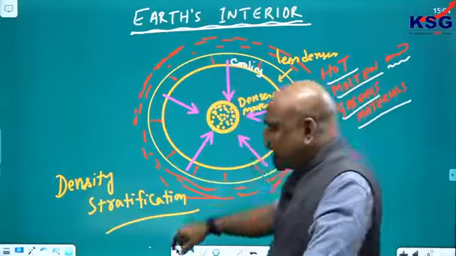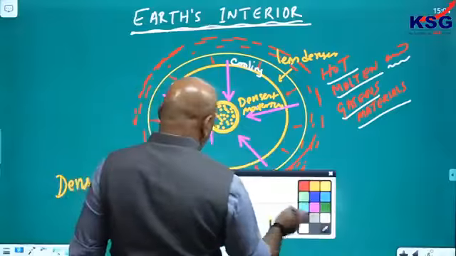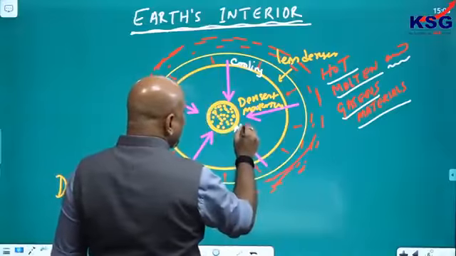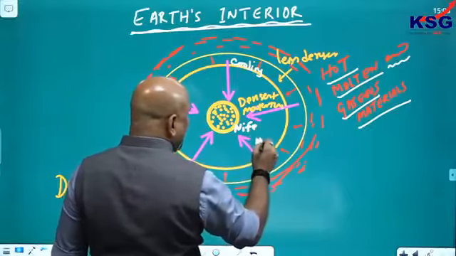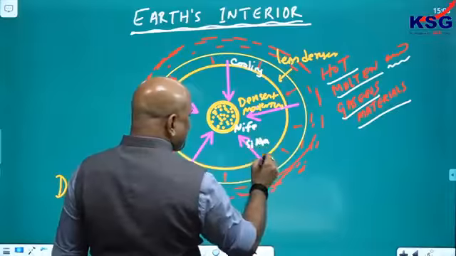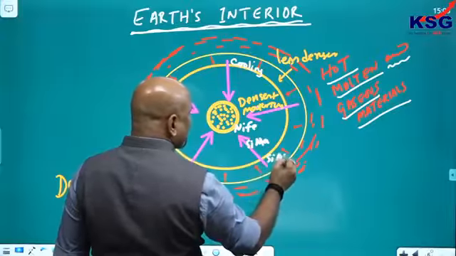In this way, in the earth's interior, here you have nickel and ferrous, here you have silica and magnesium, and here silica and alumina.